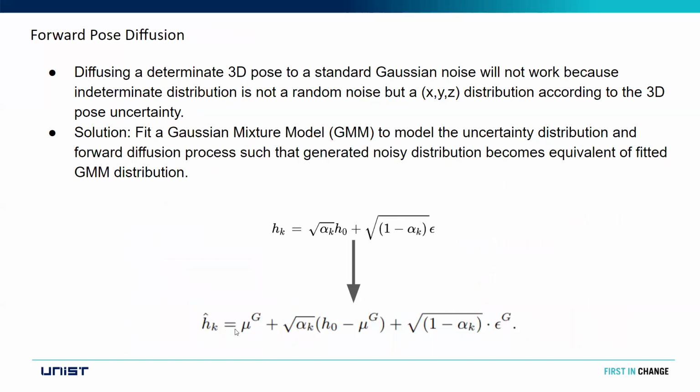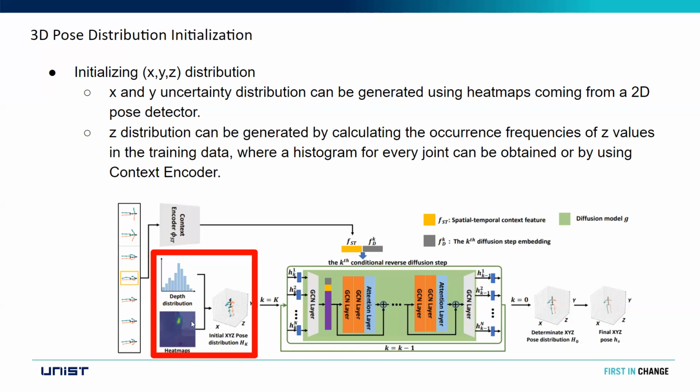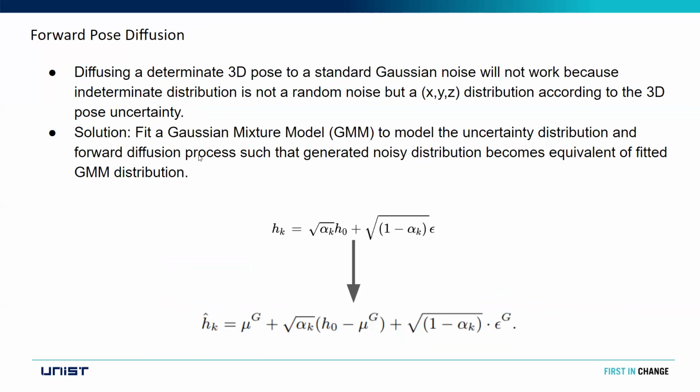And about the forward pose diffusion. That's the problem: we cannot simply diffuse a 3D pose to a standard Gaussian noise, because the initialization of this 3D pose distribution is not random noise. It is an XYZ distribution according to the 3D pose uncertainty.